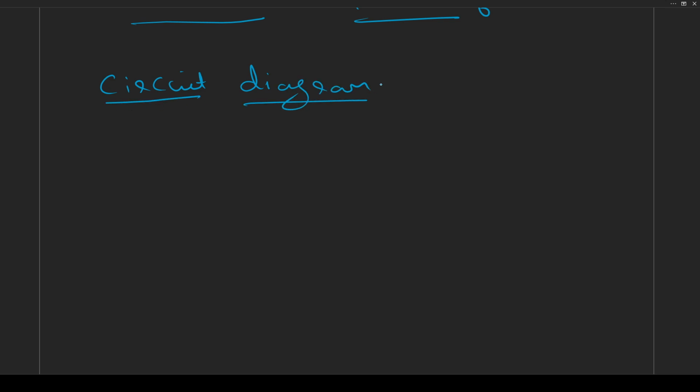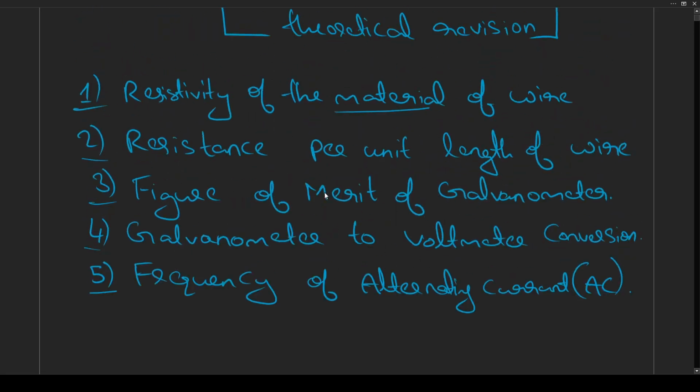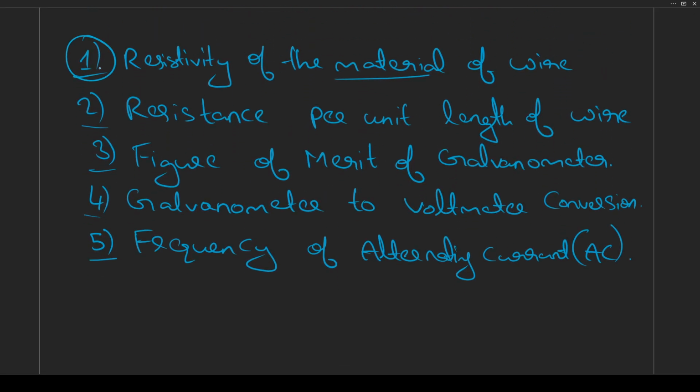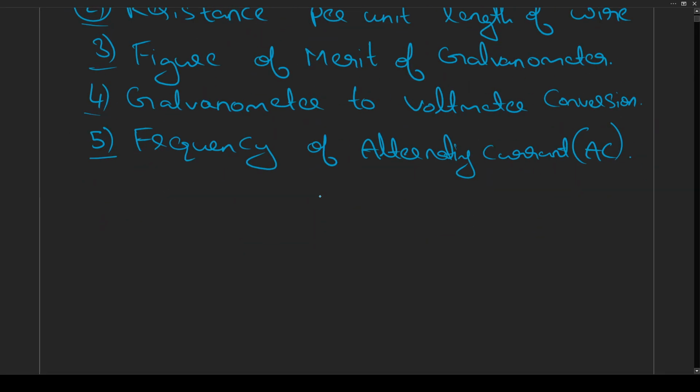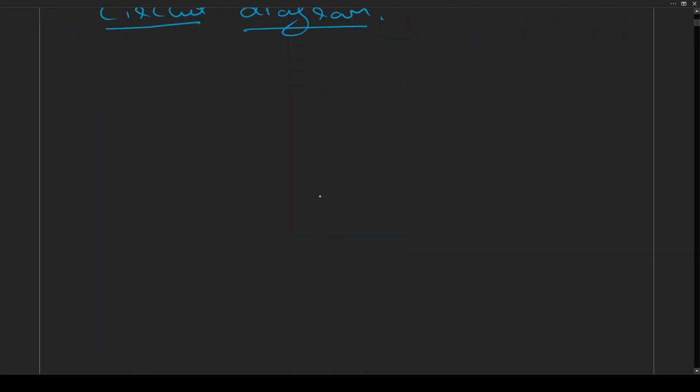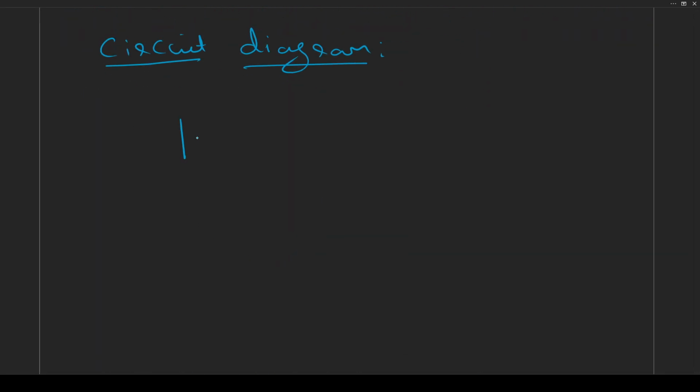It is very simple. Actually, in the 5 experiments, the first experiment and the second experiment, the circuit diagram for both of these is exactly the same. The circuit diagram is first the battery connected to a switch, then a rheostat, ammeter, our resistance wire.